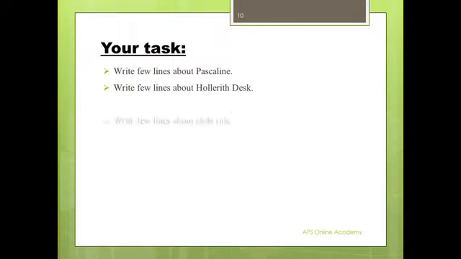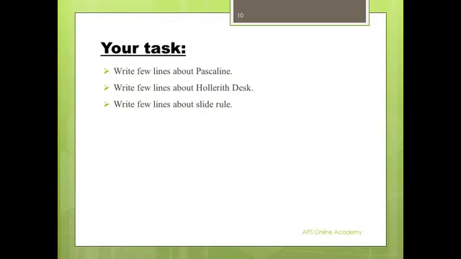Okay, what you have to do, your task is, the first task, you have to write few lines about Pascaline, as I have discussed about abacus, and the second device was Napier bone. After that you will discuss about the Hollerith, and the third is you will write few lines about slide rule.